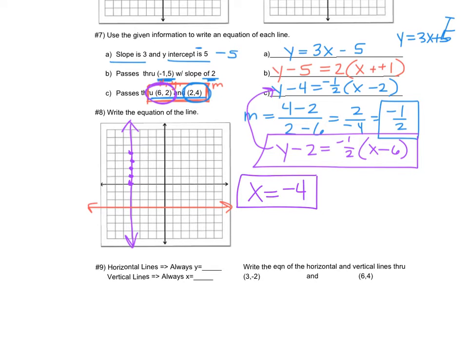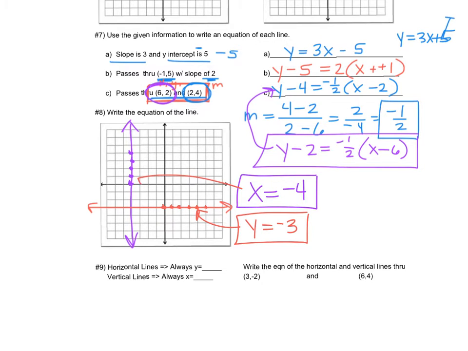Okay? Now look at the horizontal. 0, negative 3, 1, negative 3, 2, negative 3, 3, negative 3, 4, negative 3, 5, negative 3. What never changes? Your y value now stays the same, right? So the equation of the red line is y equals negative 3.